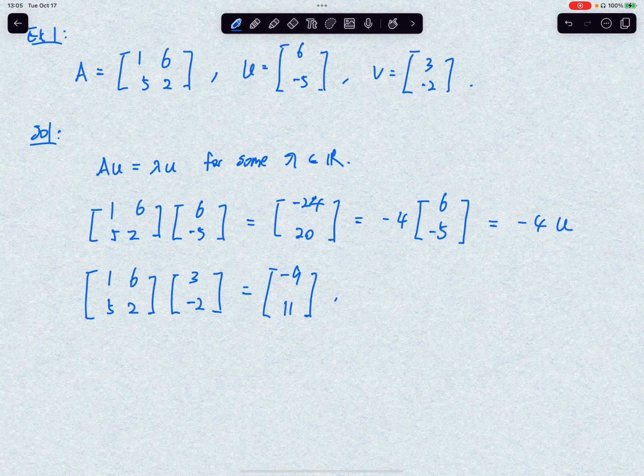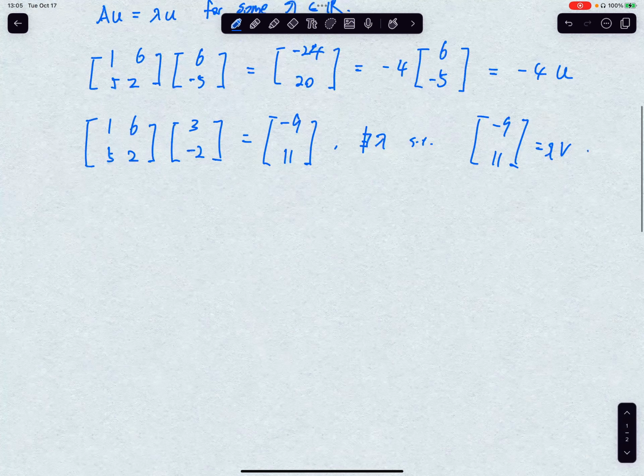However, we can see that there exists no such lambda such that lambda u equals this vector (-9, 11). So v is not an eigenvector of A, since Av is not a multiple of v.